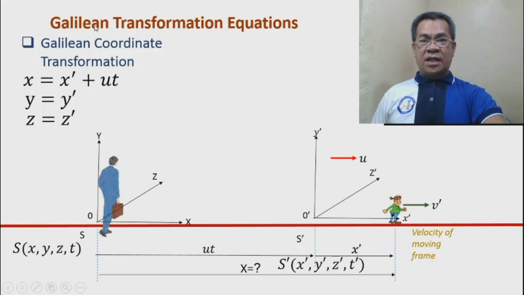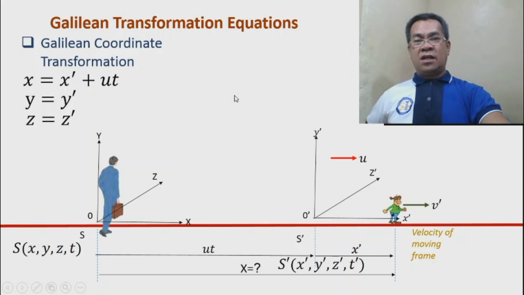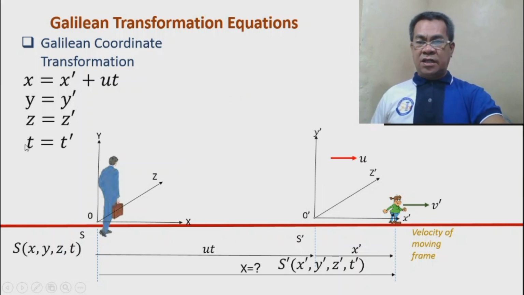But in Galilean transformation, the time t in S is the same as the time in S prime. So they have different positions, but the same time of measuring the events of the two particles. There is no difference in time. This is the assumption of the Galilean transformation: t, according to the observer in the rest frame, is the same as the time according to the observer in the moving frame.